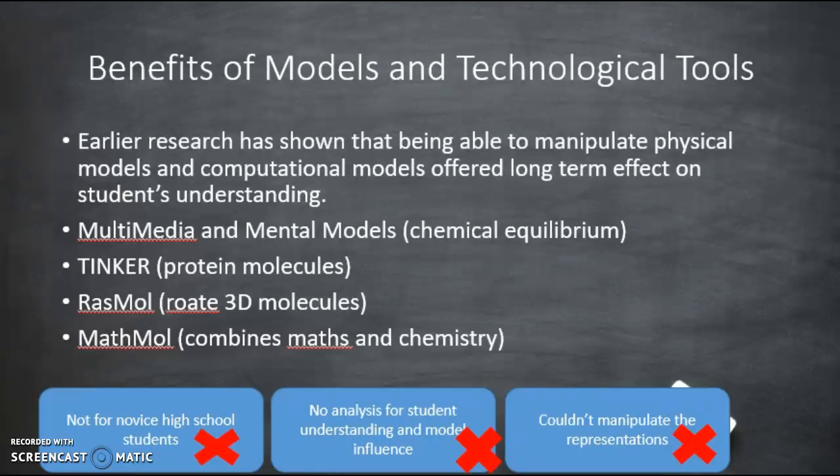The idea behind using a technological tool is that when students understand representations, they should be able to generate interpretations, make translations, and mentally manipulate these representations. None of these tools focused on novice high school students or analyzed how students developed understanding of chemical representations over time. Students were not able to change the representation to meet their learning culture.